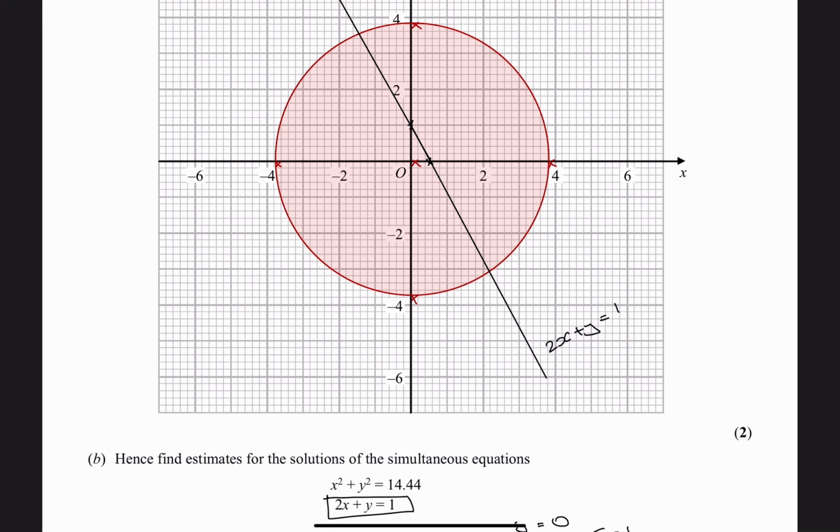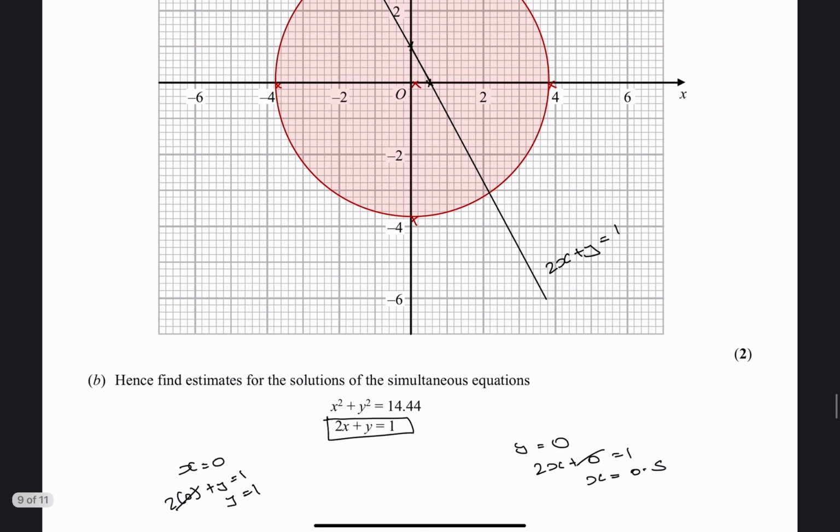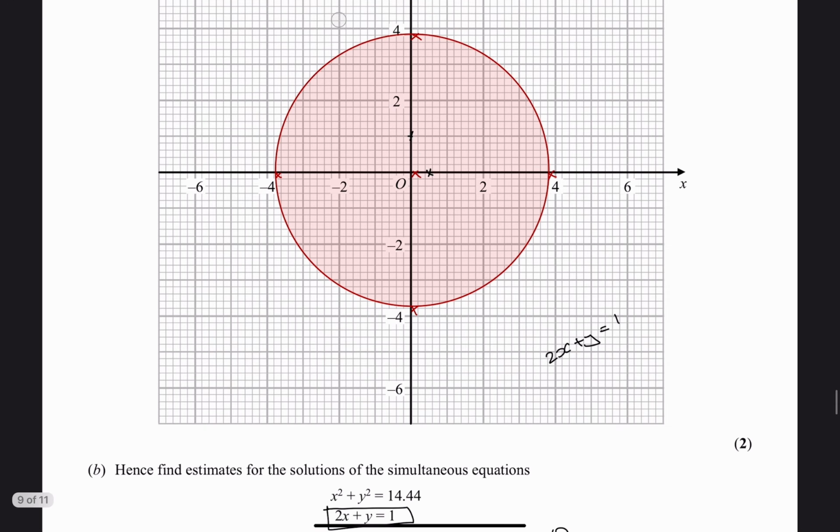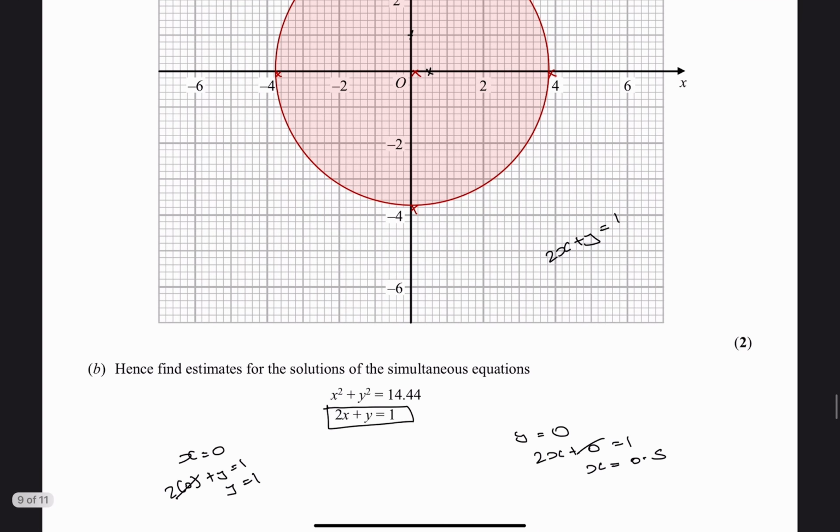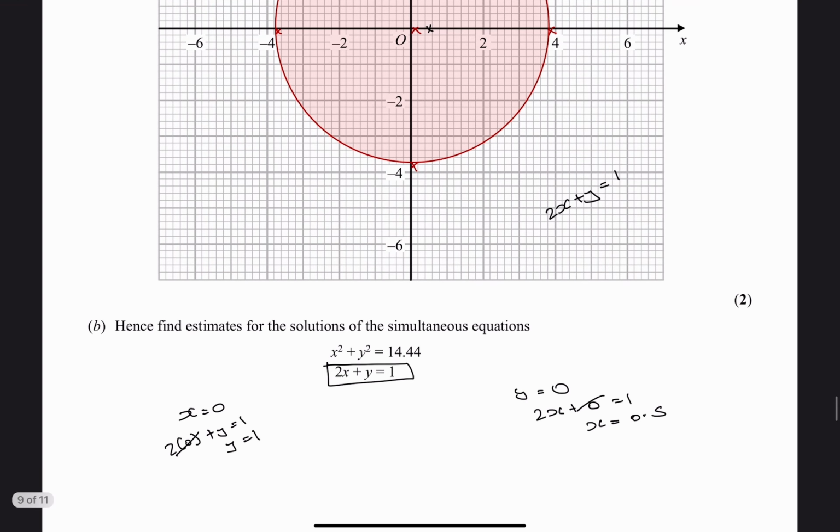If I needed this to be a bit more accurate, what I will do, you can see which line... It's very tricky to draw this line. So what I'm going to do, let's just erase this for a bit. There you go. Instead of this one, okay, this is the normal way of doing it.